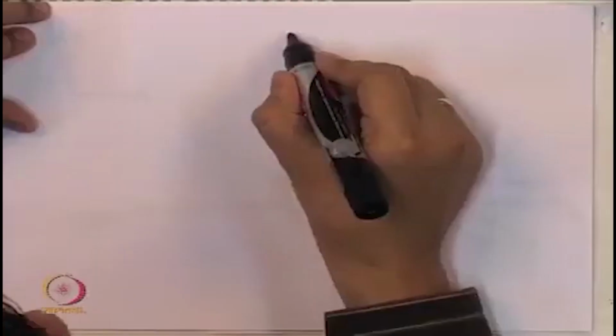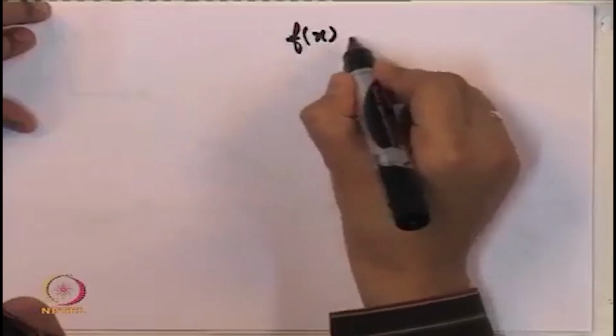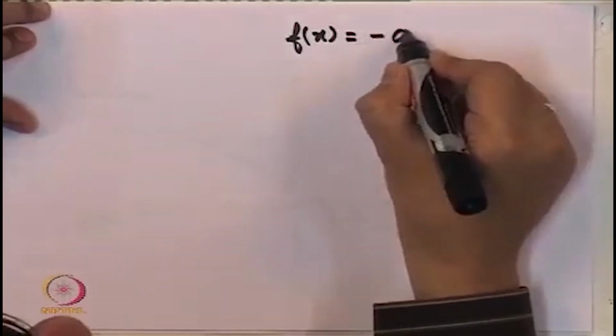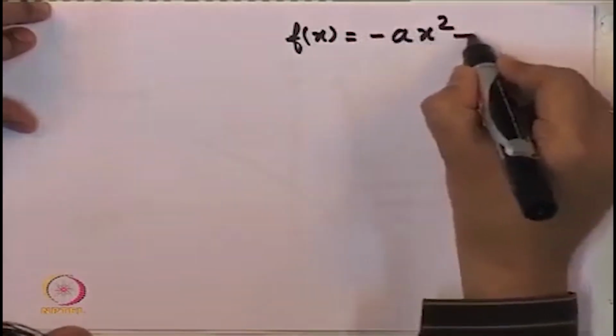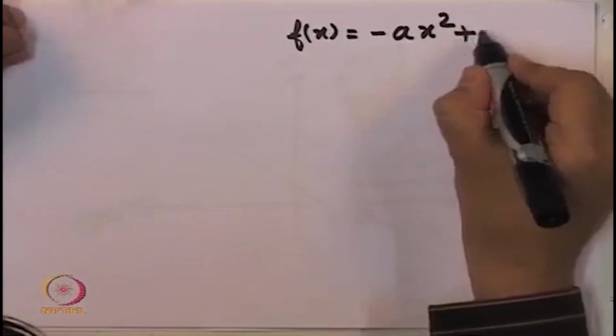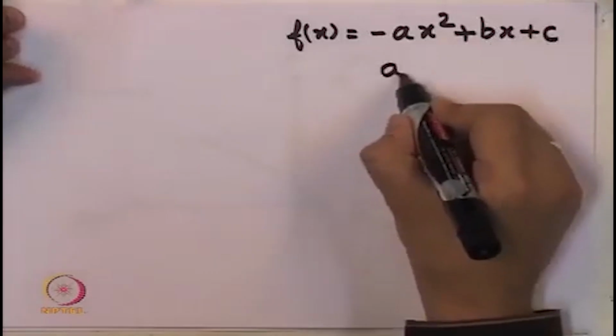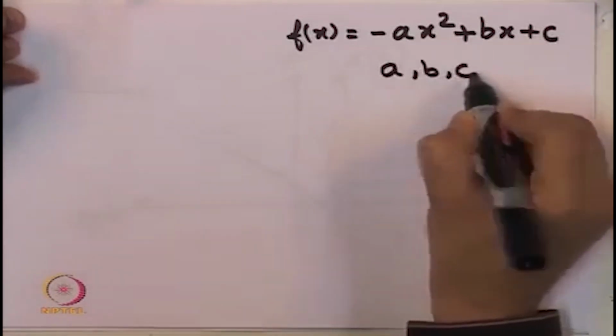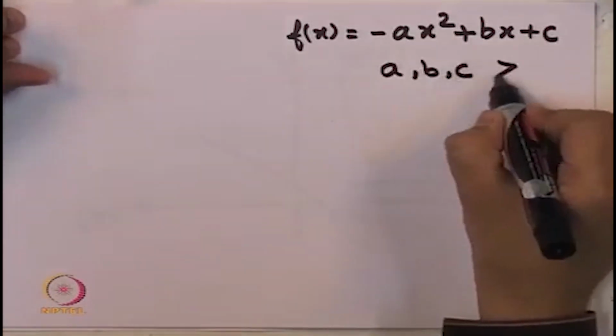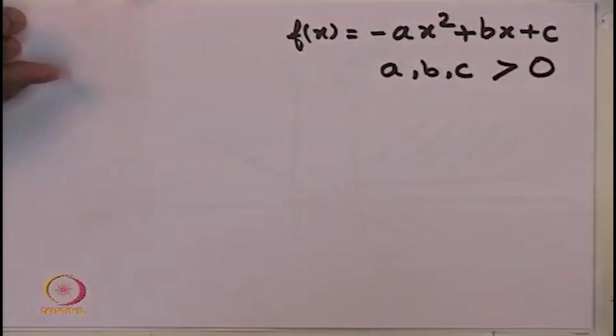So, consider the example f of x equal to minus a x square plus bx plus c, where a, b and c are three real numbers. They are all chosen to be positive numbers.